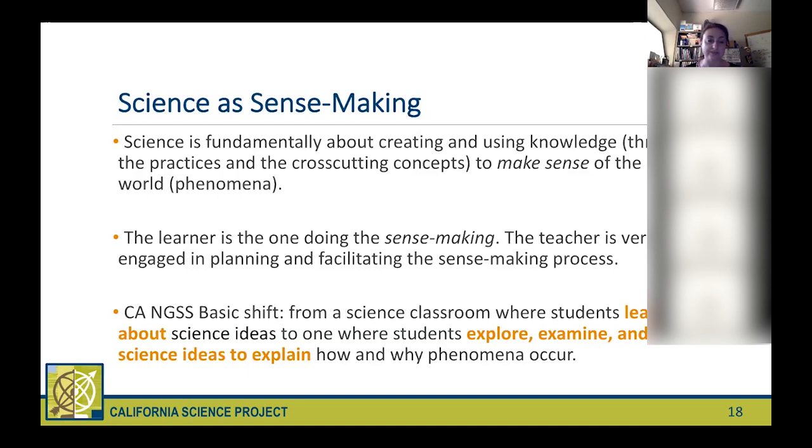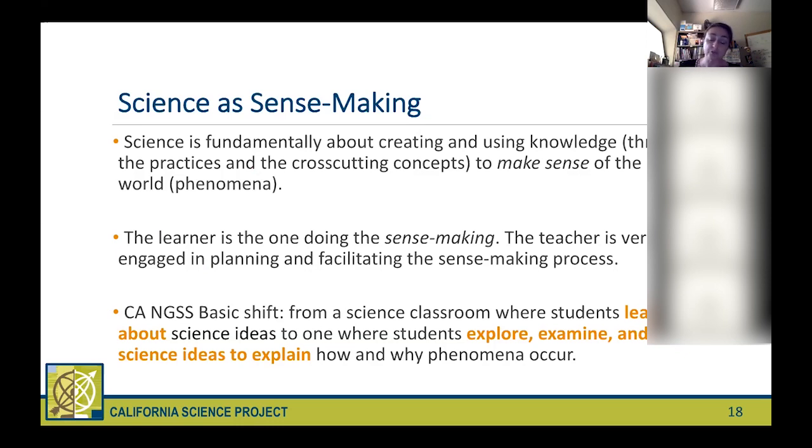The teacher is very carefully planning and facilitating the sense-making process, so that when we are changing instruction, we really need to think about the possibility for students to explore, examine, and really make sense of this idea. And the knowledge is something that they are going to use.